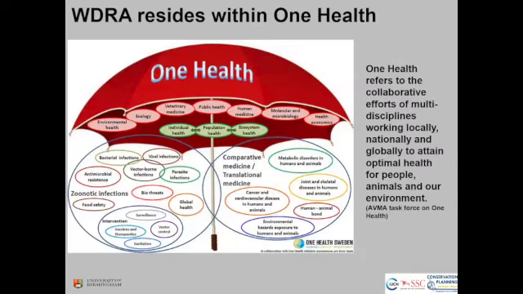And so that brings me to disease risk analysis as a whole, but specifically wildlife disease risk analysis, which resides within this concept of One Health. I'm going to show you 3 different ways of how One Health has been shown over the last years. This is more of a medical version from our colleagues in Sweden.